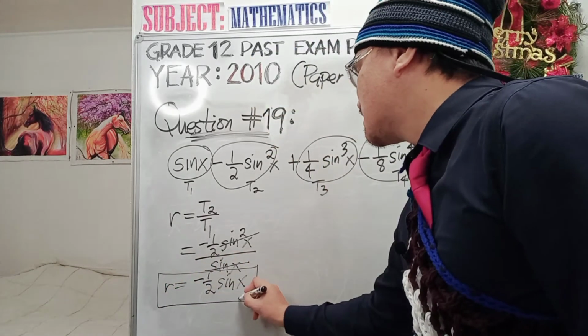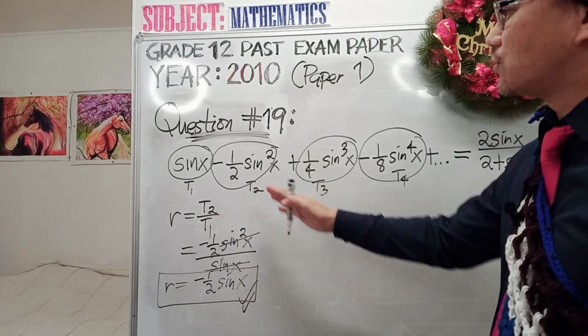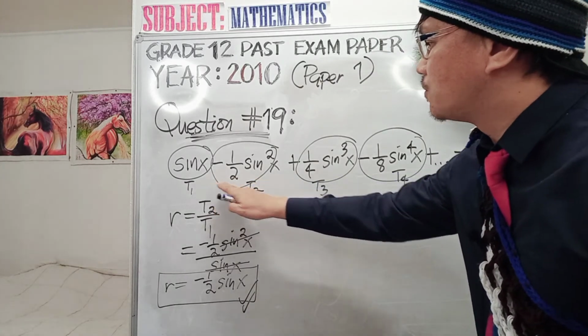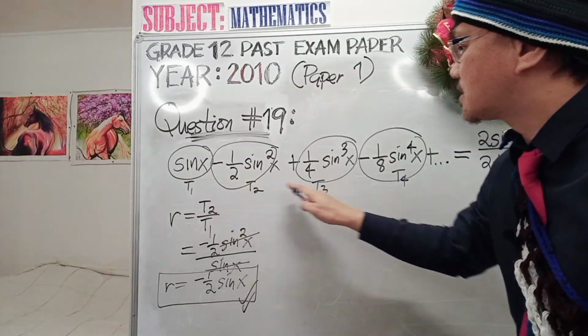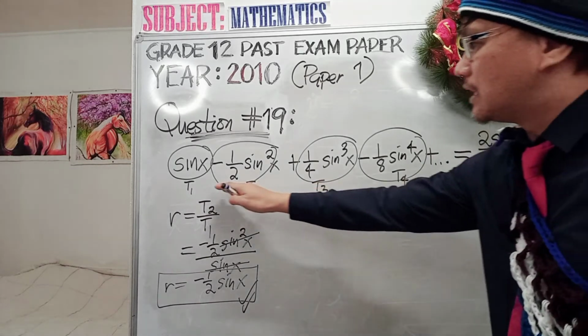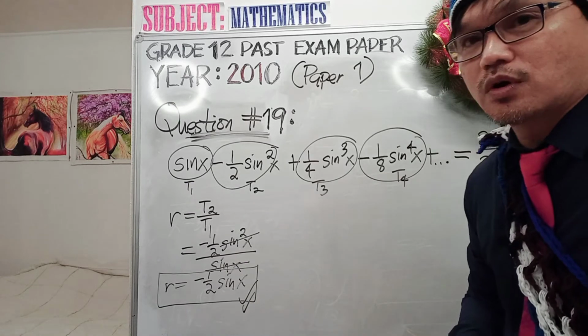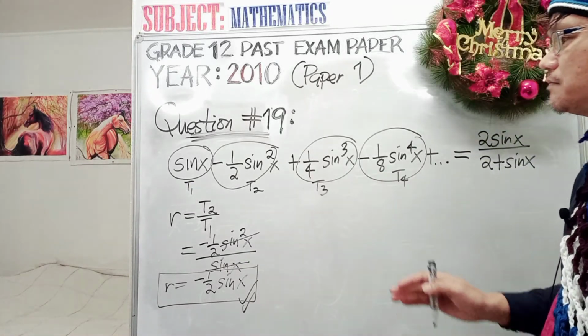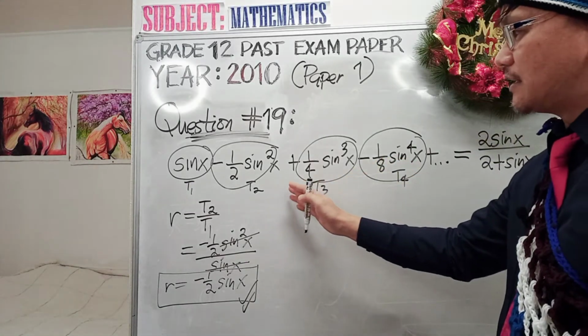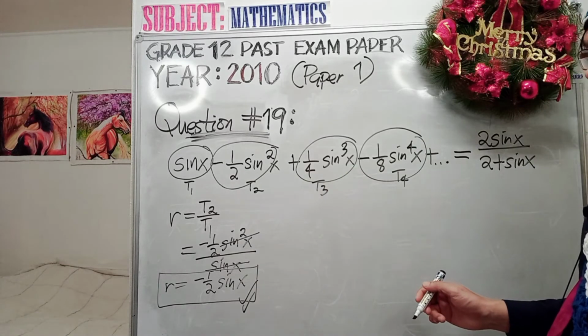That's the thing that you are going to do when you see this kind of series given. Then you will have to go to the formula of the geometric and arithmetic series or sequences.